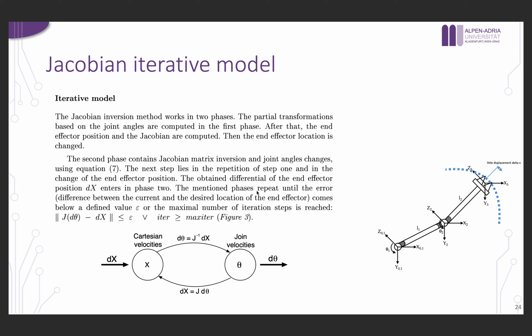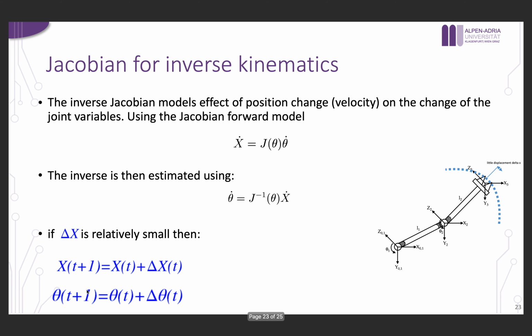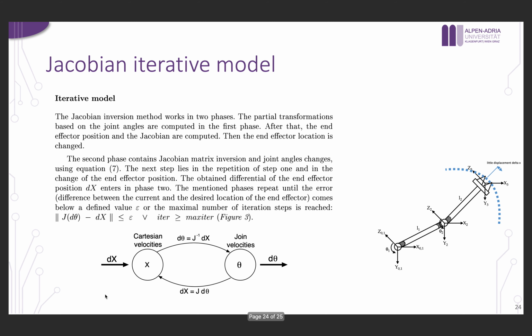The idea of the Jacobian iterative model is that I can have multiple iterations where after each inverse of the Jacobian, I calculate the difference, or the cost, of my model, which is the difference between the target position and the position that this robot arm has reached after the first update. As I said, in the pseudo-inverse case, it will not be the same, so there will be some error.